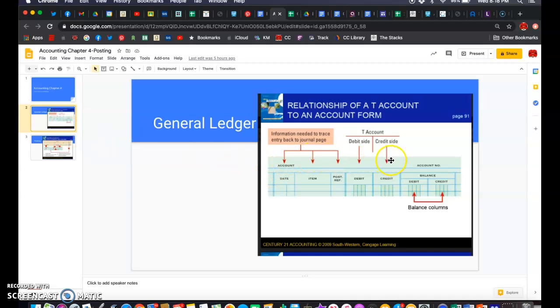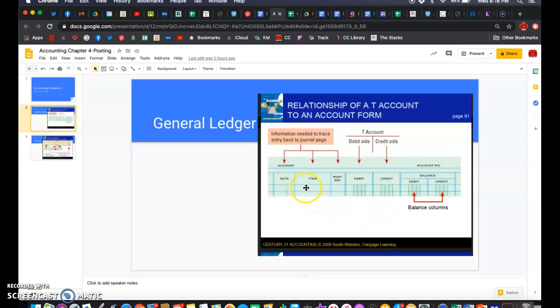A general ledger is going to be created, and each of our accounts is going to have its own separate little sheet, I guess, a ledger. We're going to put the name of the account and the account number.